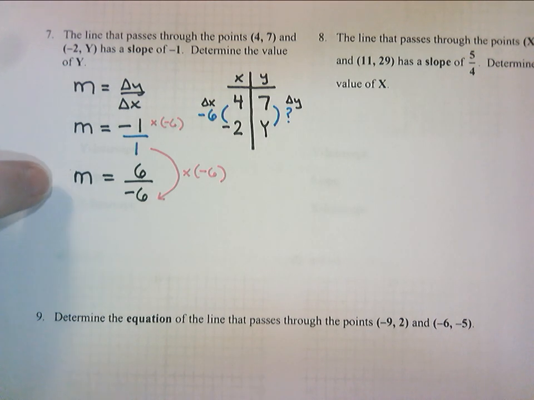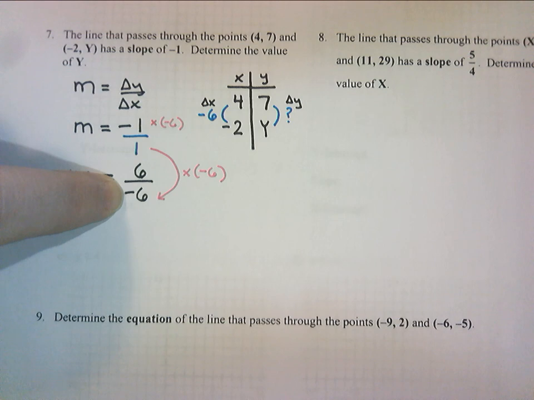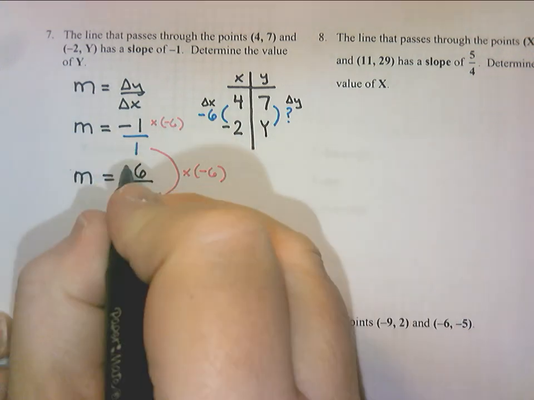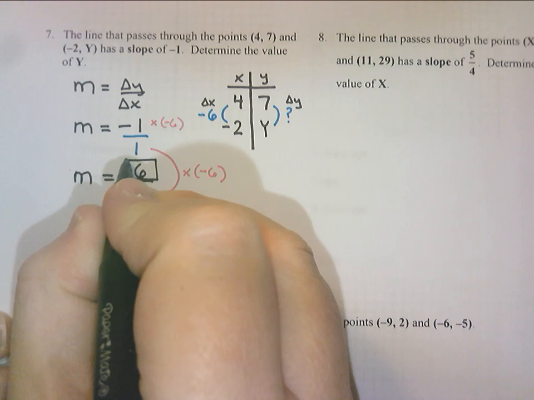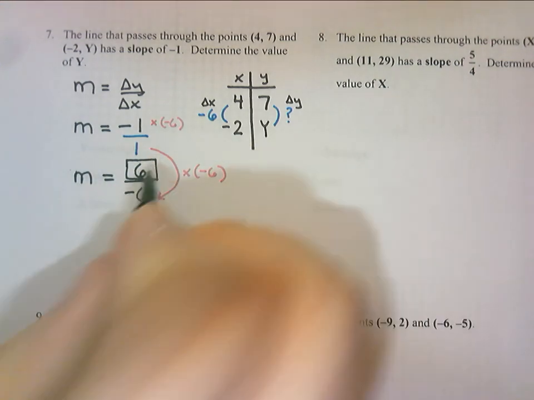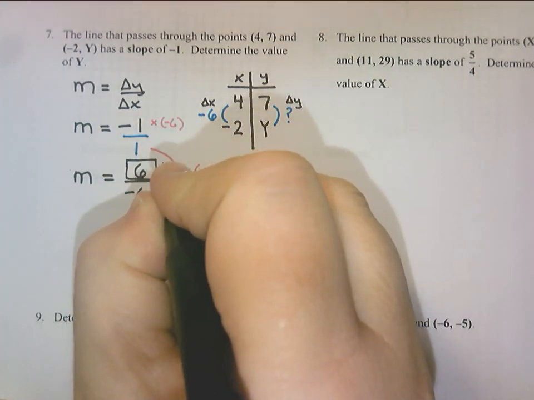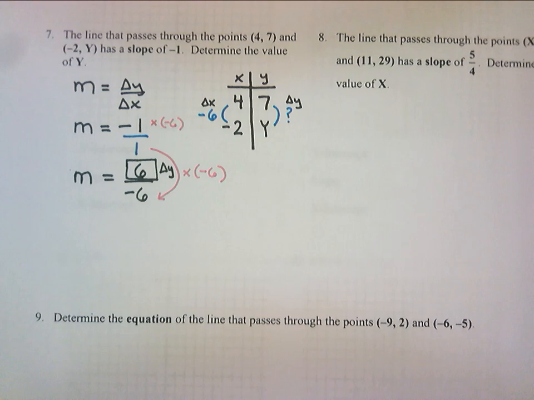So when you are calculating your slope, you would have 6 divided by negative 6. A positive divided by a negative makes a negative, and 6 divided by 6 is 1, which gives me that slope of negative 1. So out of this, I am trying to figure out what my delta y is. This tells me that my delta y is 6.